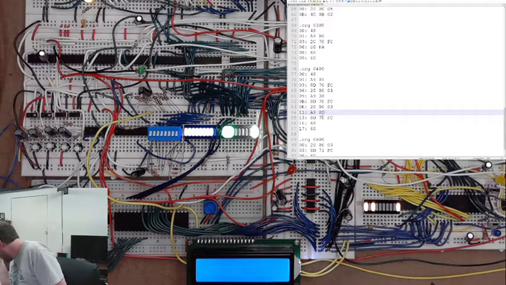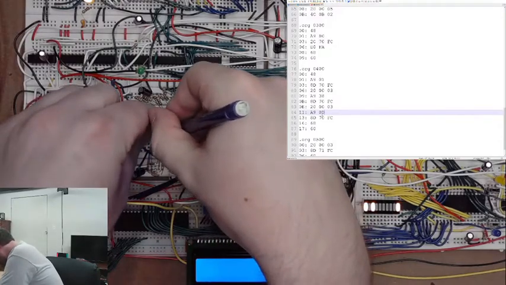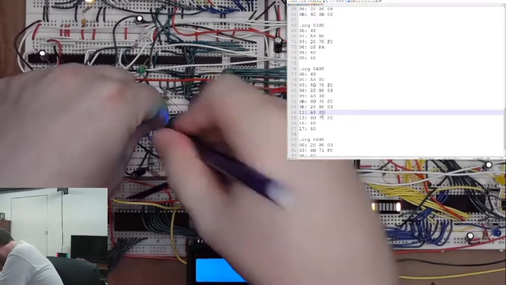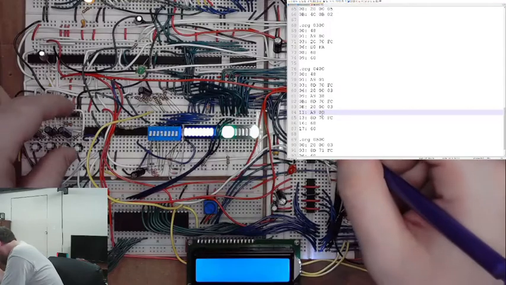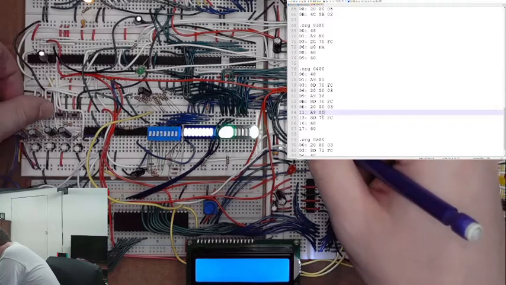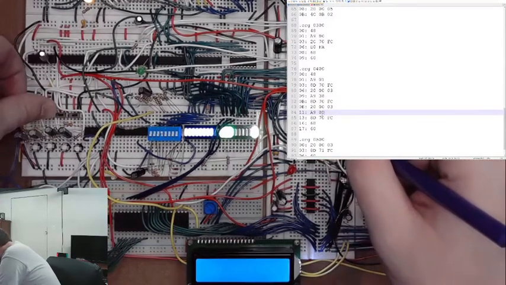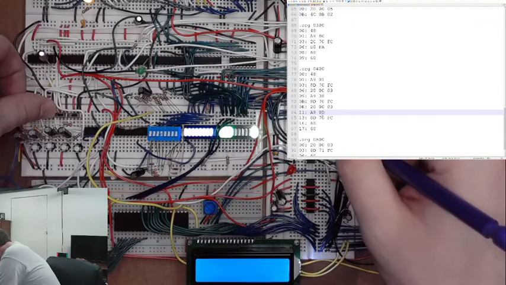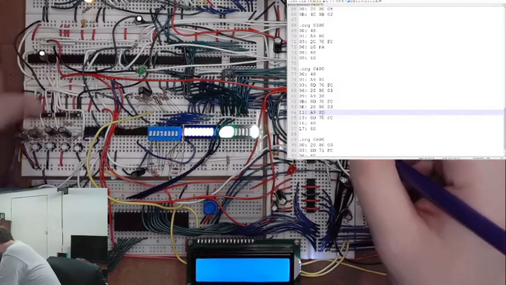So first we got to go to 4 on the low bus. Let's reset this, right? For some reason. Okay. Load enable. Right.